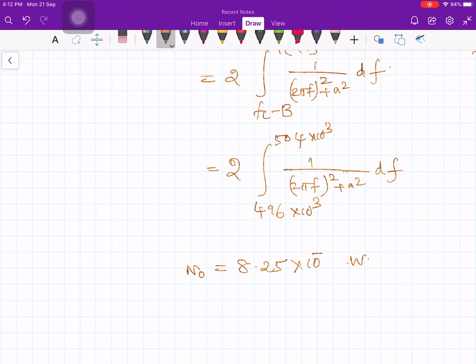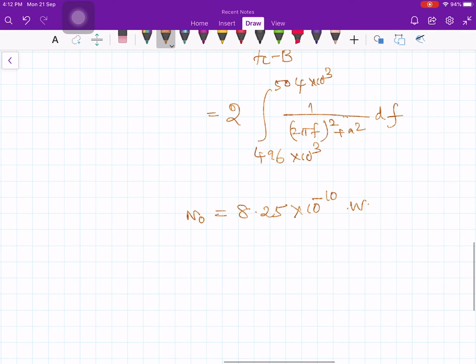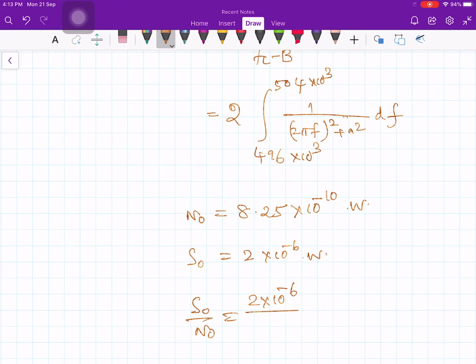You can work on it. S naught also we just calculated, it is 2 times 10 to the power of minus 6 watts. So S naught by N naught is equal to 2 times 10 to the power of minus 6 divided by 8.25 times 10 to the power of minus 10.